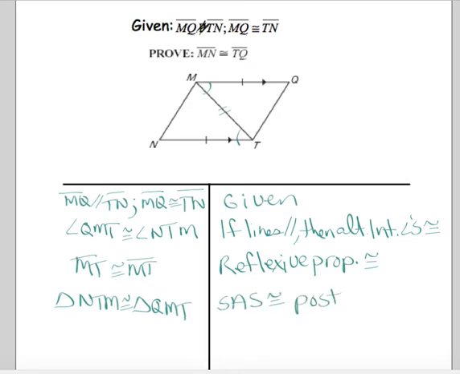Hopefully we're feeling good about naming those by now, like which theorem is which. And then my last statement is that MN and TQ will be congruent by CPCTC. Corresponding parts of congruent triangles are congruent for the reason at the end there again.